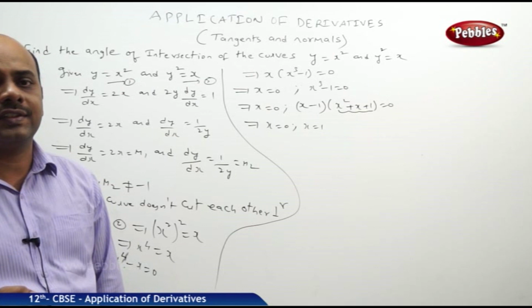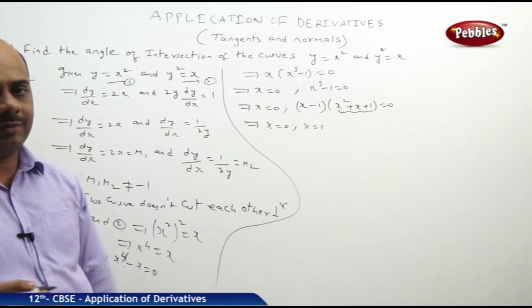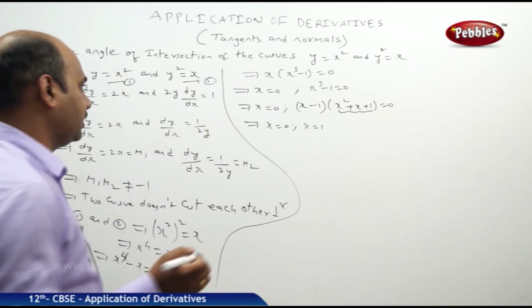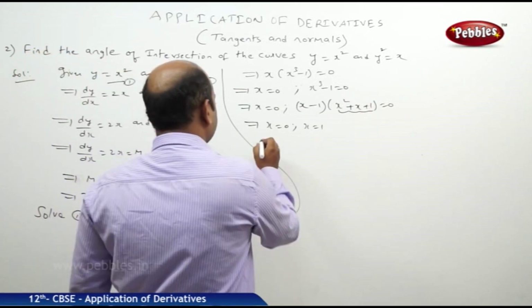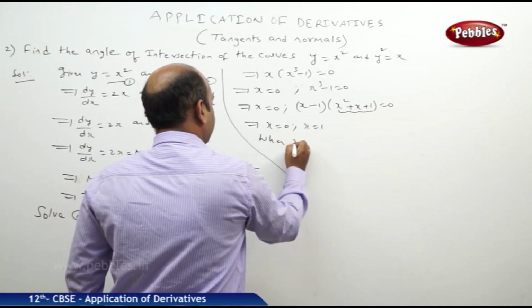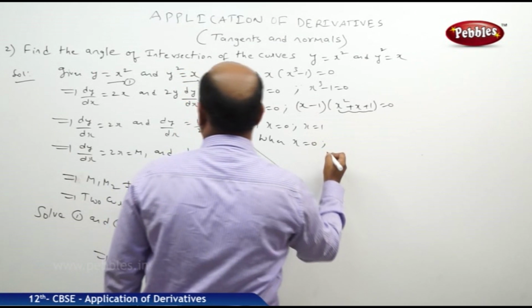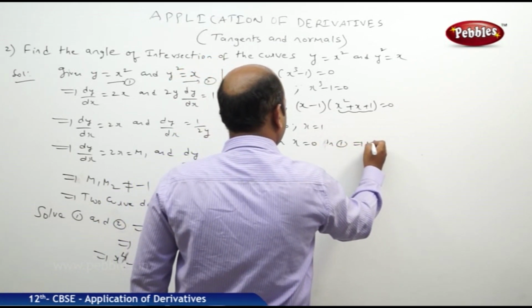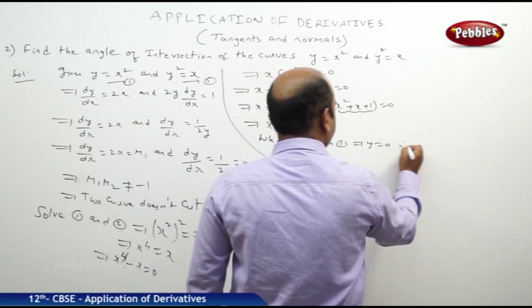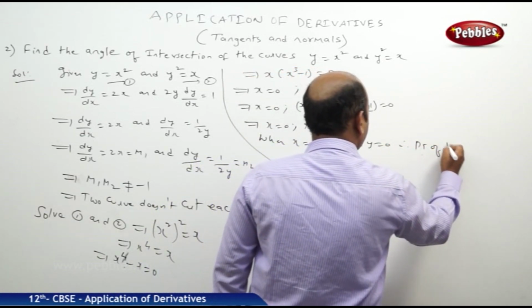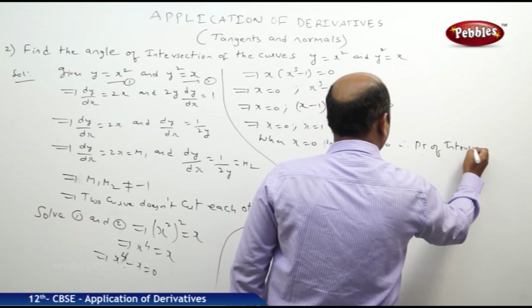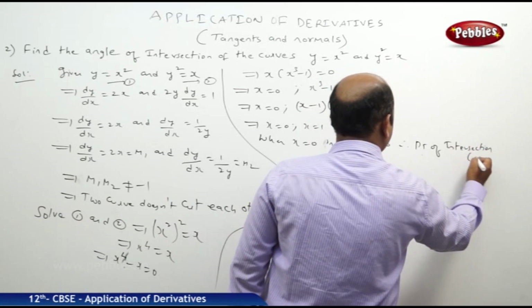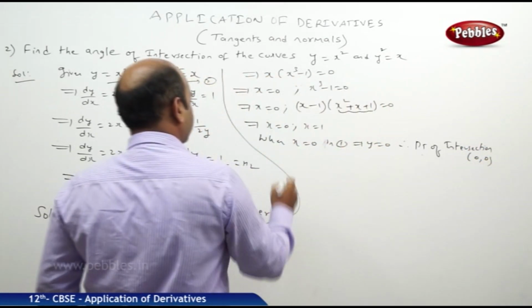But here we are concerned with the real number system, therefore I am taking x is equal to 0 and x is equal to 1. When x is equal to 0, in equation 1 I am getting y is equal to 0. Therefore one point of intersection I got is 0, 0.